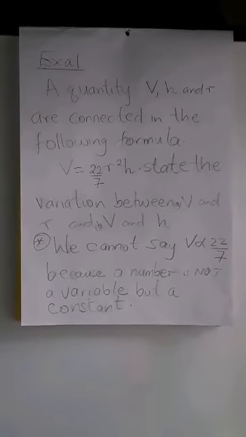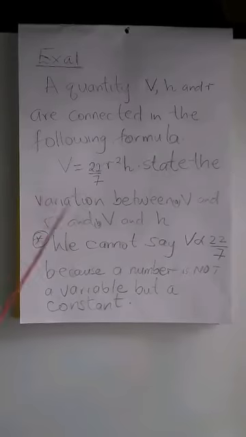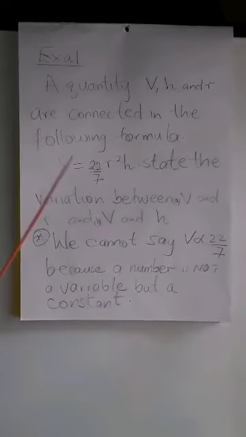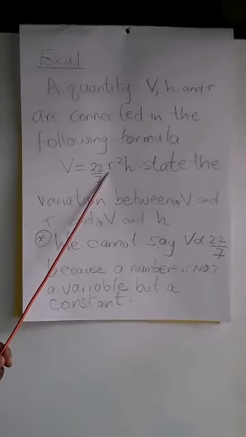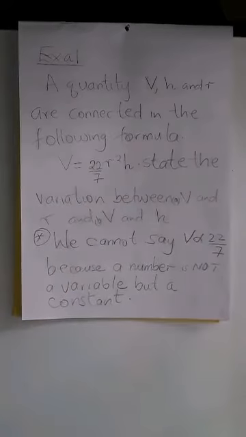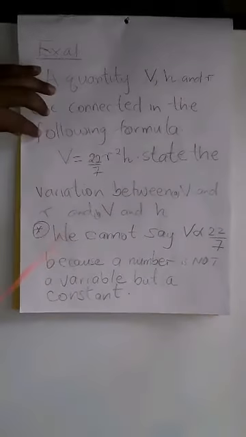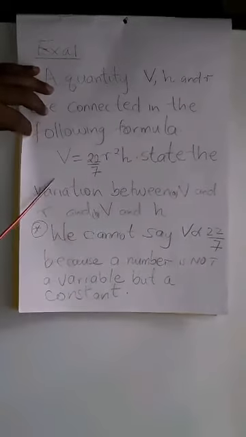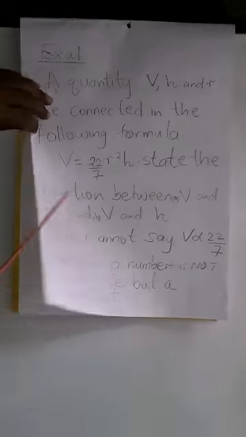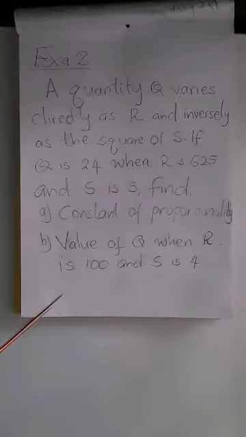It's not a variable. But we can say V varies directly as R squared and V varies directly as H. Because that is now the relationship between V and R squared, and V and H.